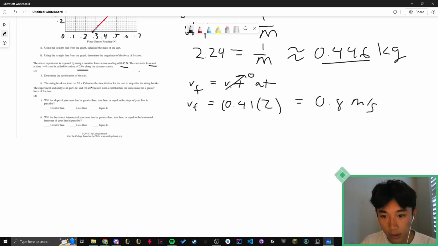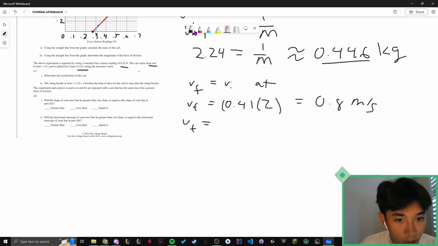And now they're asking us to calculate the time. Okay, so now we'll just have to reuse the same equation, v final equals v initial plus at. Sorry, I was thinking about a different equation, my bad.